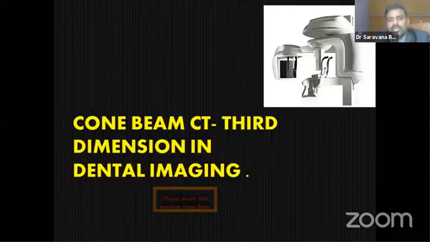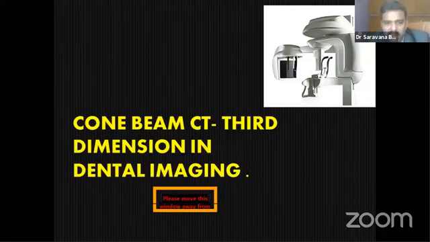You are going to see the same image quality, the same cross-sectional slice-by-slice imaging quality. We are going to see good images with very minimal radiation dose when compared to the medical CT. I'll tell you the dosage level also.